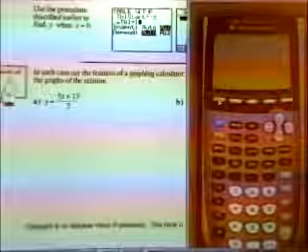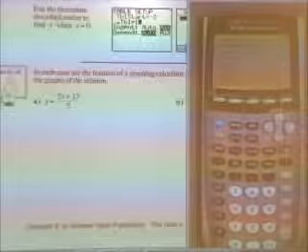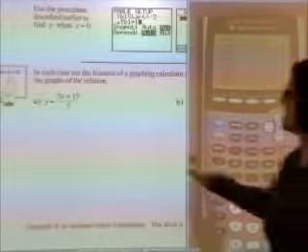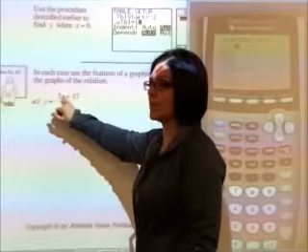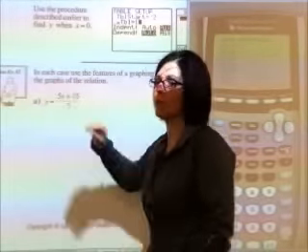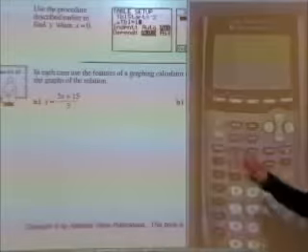So if we start off, we clear the equation that's in y1. And then we're going to put the equation in here. This right here is a division bar, which means I want to do the top calculation before the bottom. So to show that on my calculator, I use brackets.